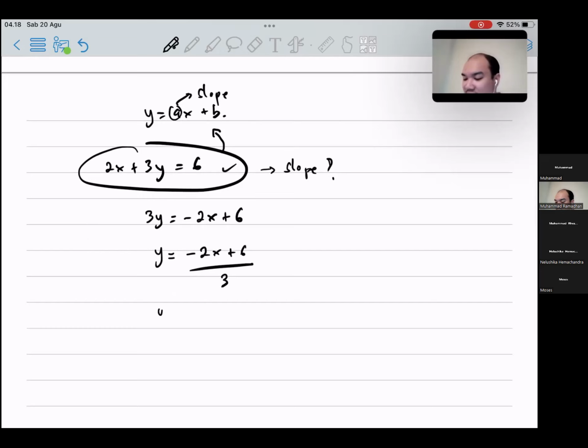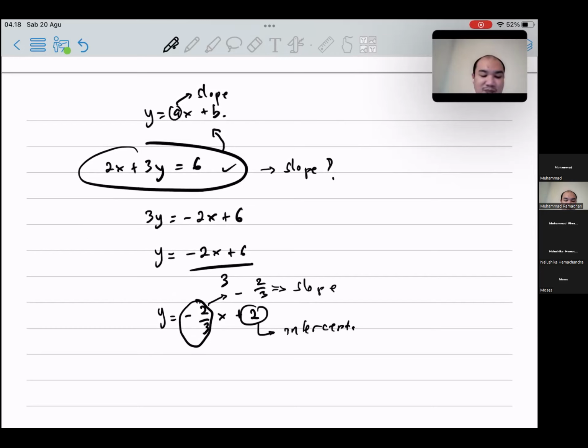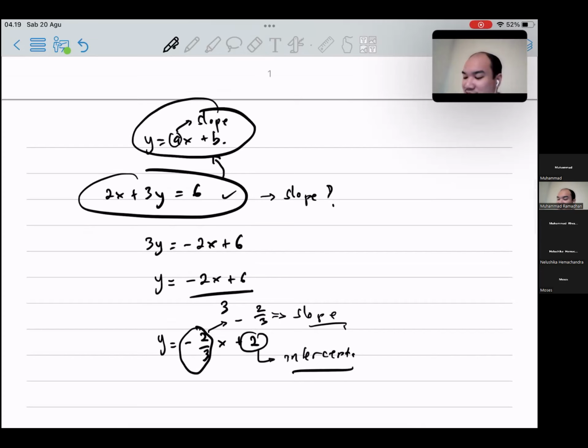So you get y is minus 2 over 3 x plus 2. So the slope is minus 2 over 3 and 2 is the intercept. So easy. If you have a linear equation and you don't know the slope, change it to the form like this.